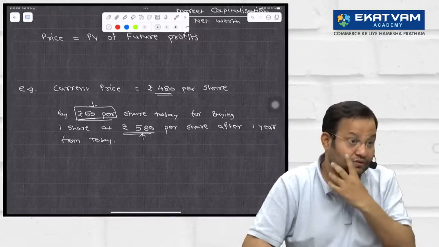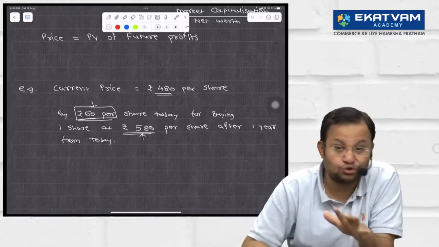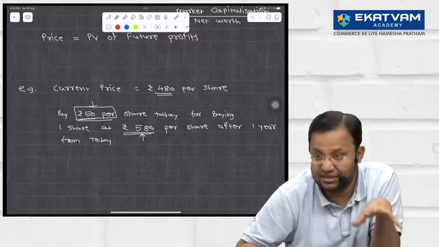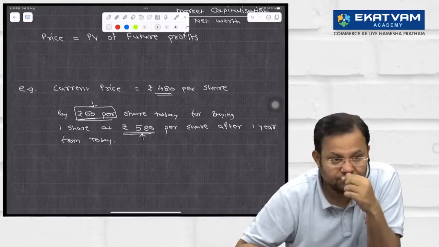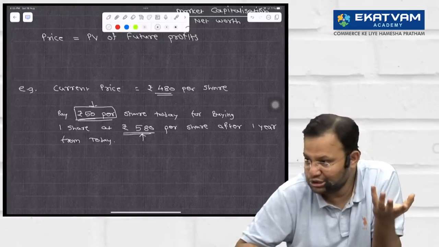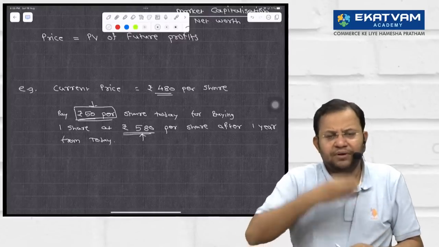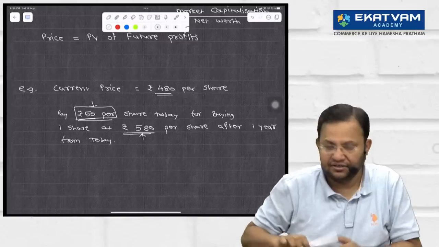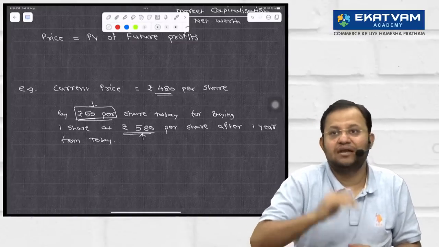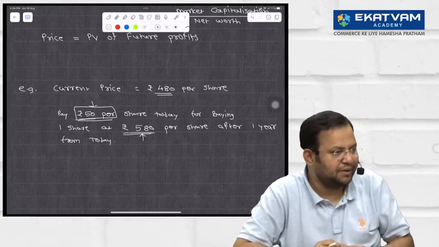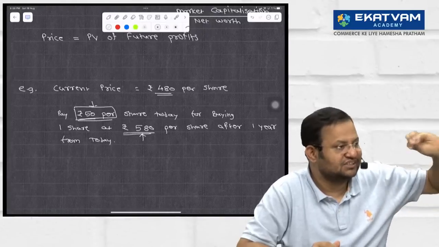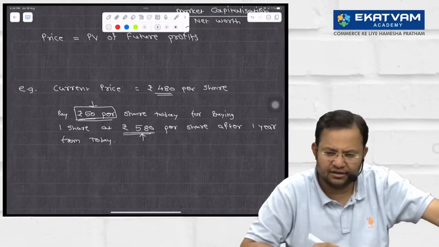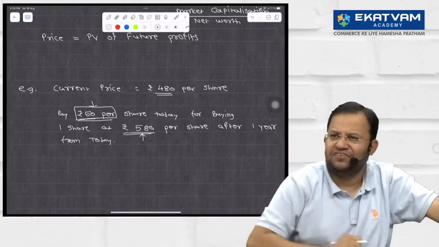This 50 might be treated as an advance, or as a premium, like an insurance premium. Understand, this is a dangerous instrument. There are a lot of regulations by SEBI on this. We are learning accounting, but we have to understand the instrument. So the company takes 50 rupees from the promoter and gives him an option to buy the share at 580. Out of 580, this 50 can be treated as an advance payment or just as a premium.